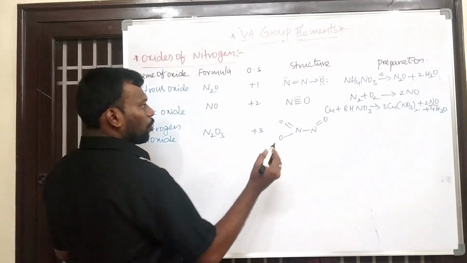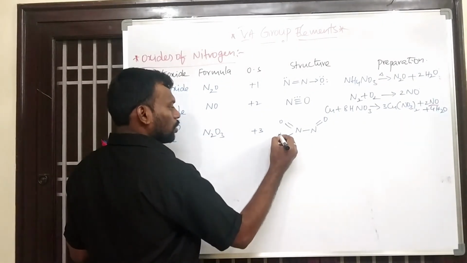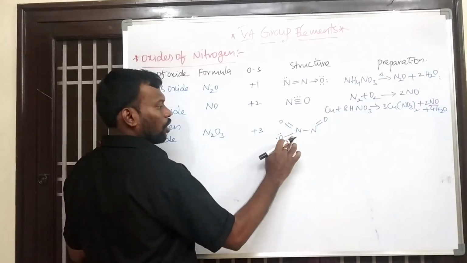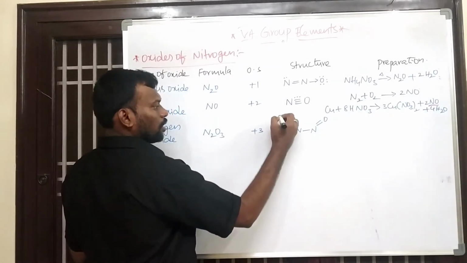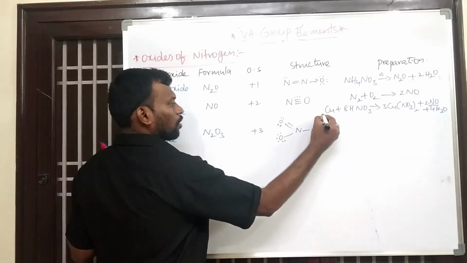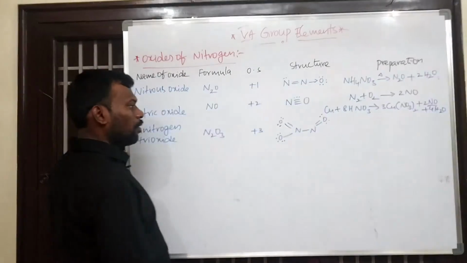I will point out the lone pair electrons. The oxygen with a single bond, actually this bond is a coordinate covalent bond. So this oxygen has 6 electrons, this oxygen has 4 electrons, and this also has 4 electrons.